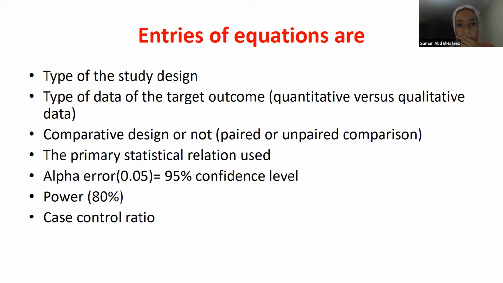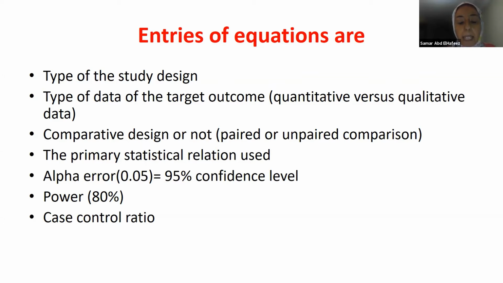So to determine the equation, I need to know what study design I will consider. I need to determine the type of my primary outcome: will I summarize it in a quantitative way or a qualitative way? If I'm doing a comparative study, like case control or cohort, will I compare before and after, or will I include two different populations?